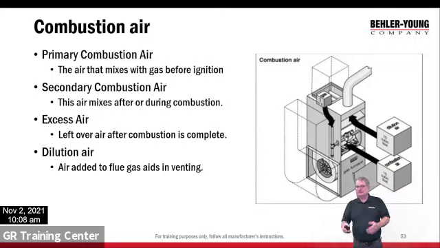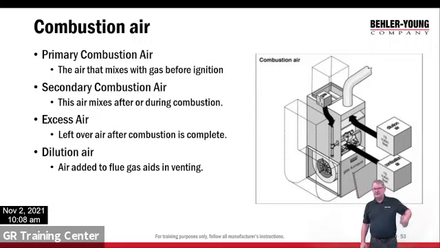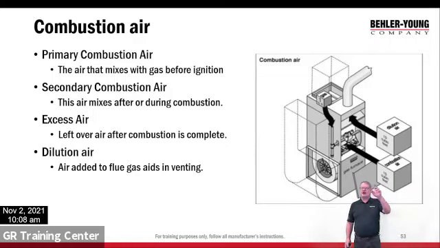And then we get dilution air. When we get into our gravity vent furnaces, and we're going to talk about the gravity venting shortly, we dilute the air as it's going up the chimney, and it aids in venting. It drops the temperature, it reduces the moisture, and it aids in venting. So we're going to talk about these 4 different airs.